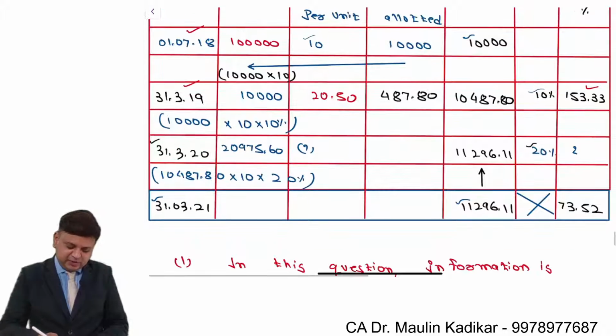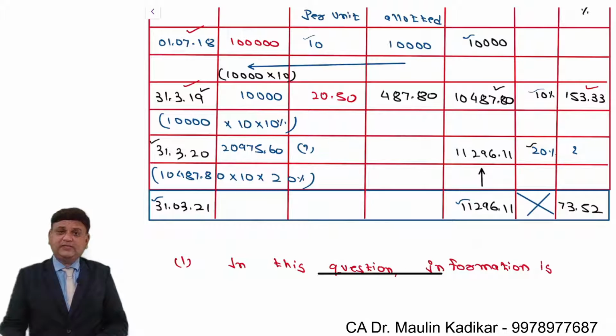See, at this point of time, on 31st of March 19, the investor had 10,487.80 units. On this date, after the dividend declared by the mutual fund, the investor had this number of units.